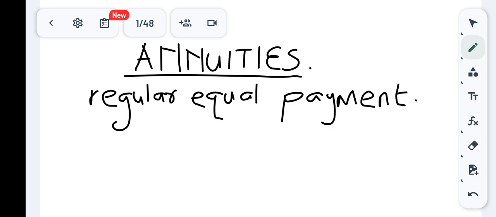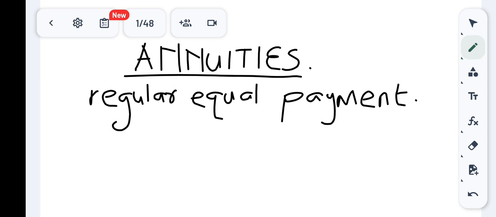So I decide that I want to save 100 rand per month. Those equal regular payments of 100 rand per month are an annuity.